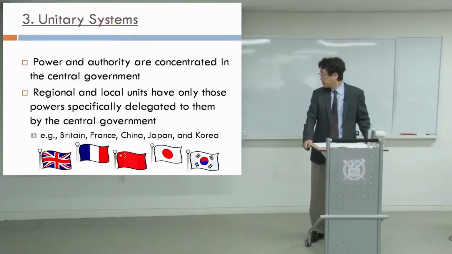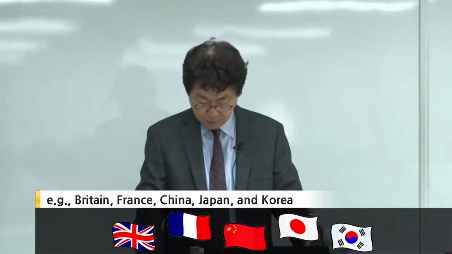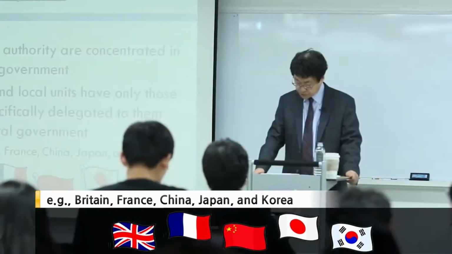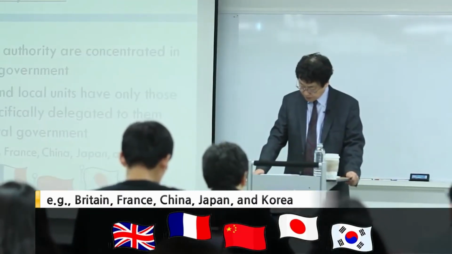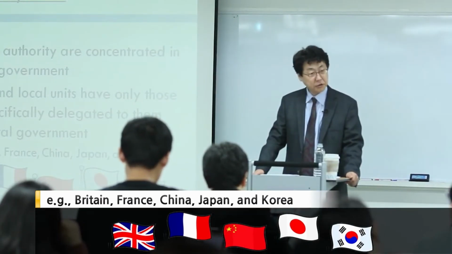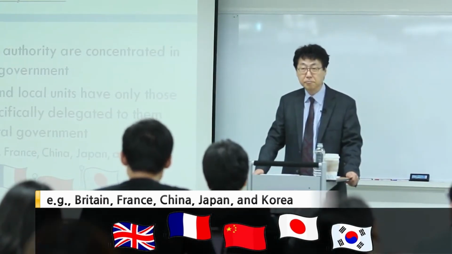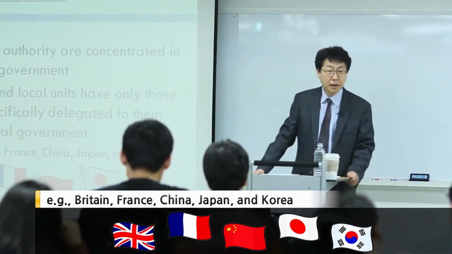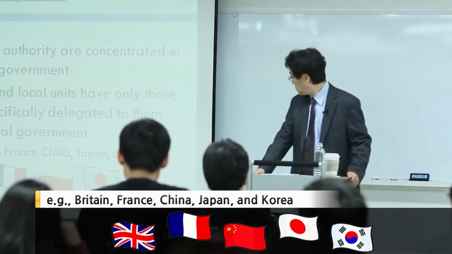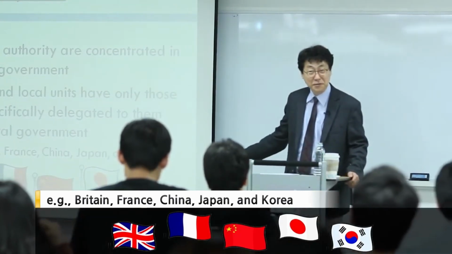Among the countries that we are familiar with, Britain, France, China, and Japan are unitary systems. How about us? Korea? You see Turkey over there, right? So Korea has a unitary system as well.